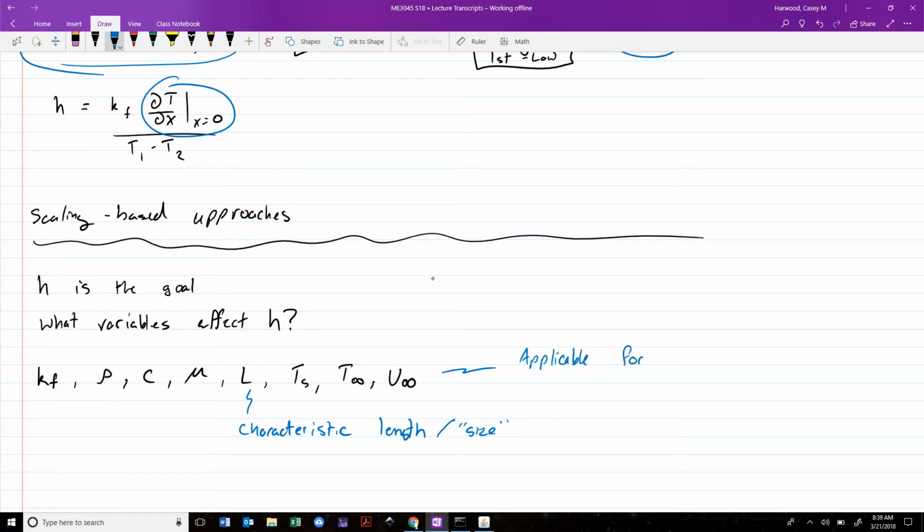I should also mention that these are applicable for a given geometry. When I say that, I'm saying if we already know the geometry, what other things could we change? We could list the geometry of the problem as another parameter here, but we're going to assume that we're considering cases where the geometry is already known, and we're just looking at the ways we could vary the fluid or solid parameters to affect the heat transfer.